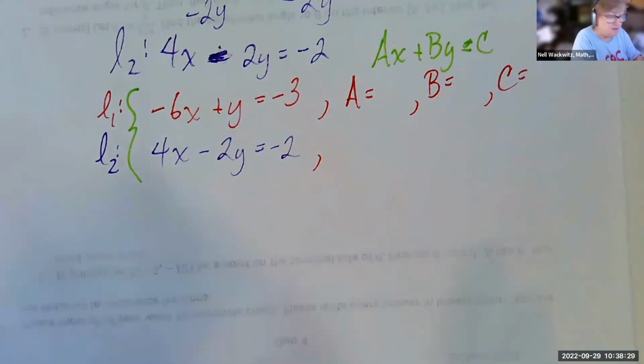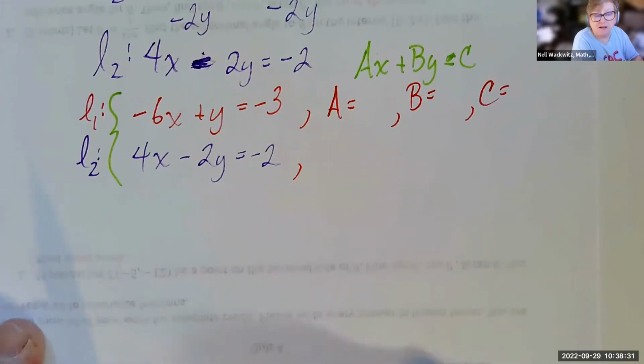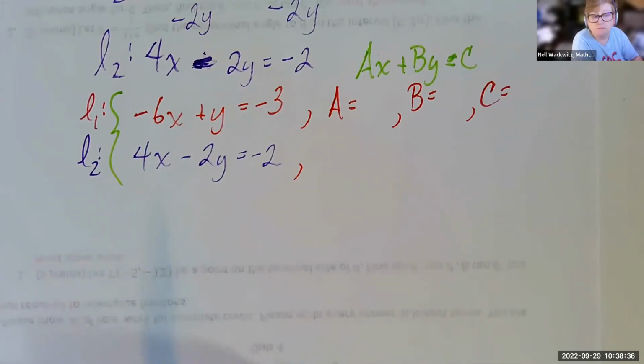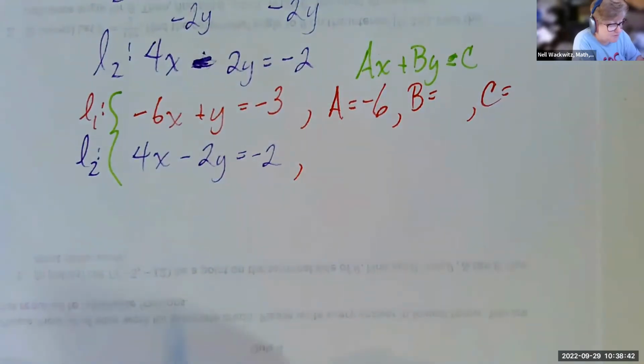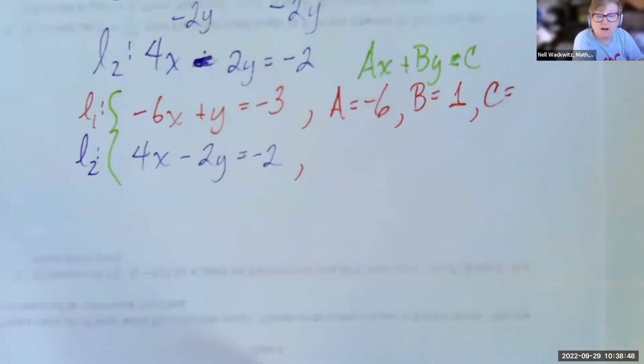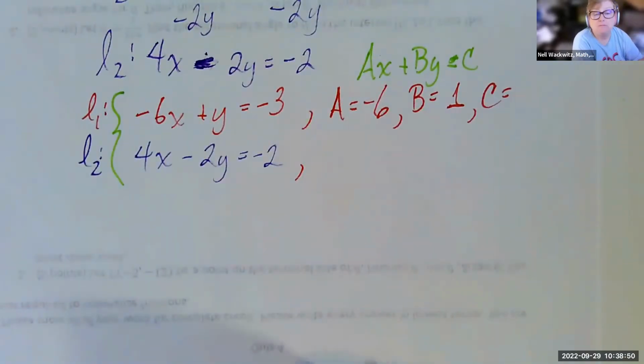So what is the coefficient of x in line 1? Negative 6. Awesome. What is the coefficient of y in line 1? 1. Yay. And what is the constant in line 1? Negative 3.